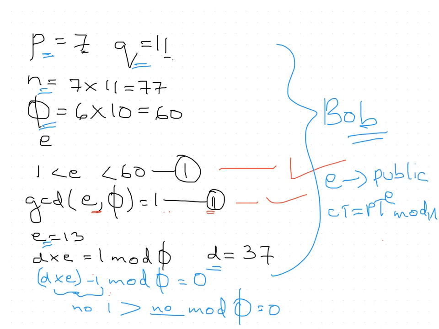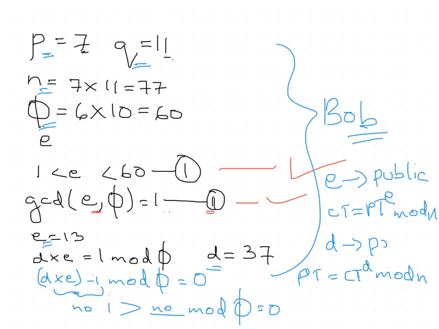Similarly, Bob will keep the value of D secret to himself to decrypt the ciphertext, that means to calculate the plain text, which will be ciphertext raised to the power of D mod N, right?